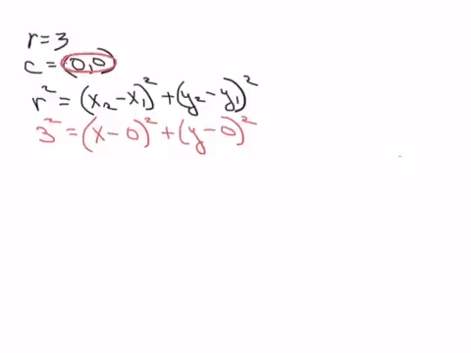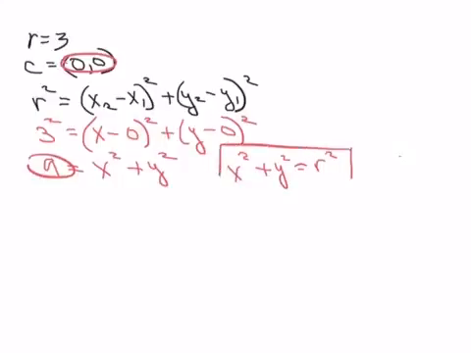And so we have 9 equals x squared plus y squared. Okay? And that ends up being our formula, which tells us that x squared plus y squared equals r squared is the formula for a circle whose center point is on the origin.